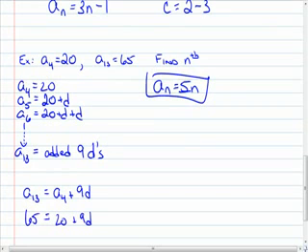That leaves you with an equation with one unknown, which means you can solve for D. So given any two terms, we can still find our common difference because we know it's an arithmetic sequence. And 65 minus 20 is 45, divided by 9, and we find out that D is 5.